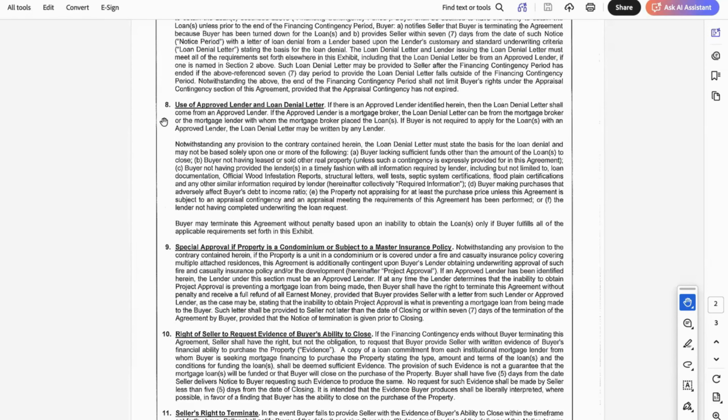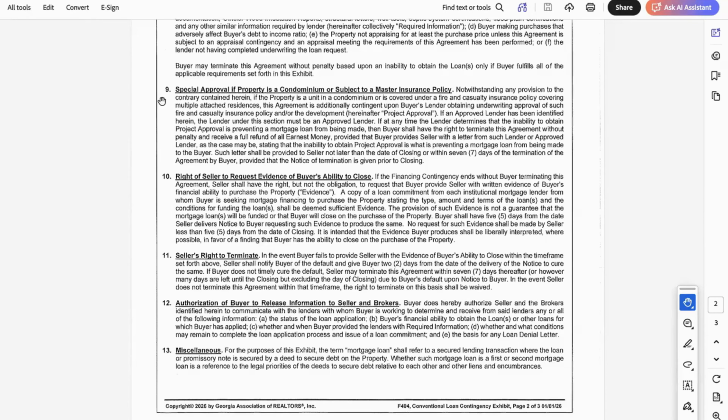Denial cannot be based solely on buyer lacking cash outside the loan amount, buyer failing to sell another property unless a contingency exists, buyer failing to provide documents, buyer increasing debt, low appraisal if an appraisal contingency exists, or incomplete underwriting. Why this is strict: it prevents buyer from sabotaging loan approval to escape the contract.